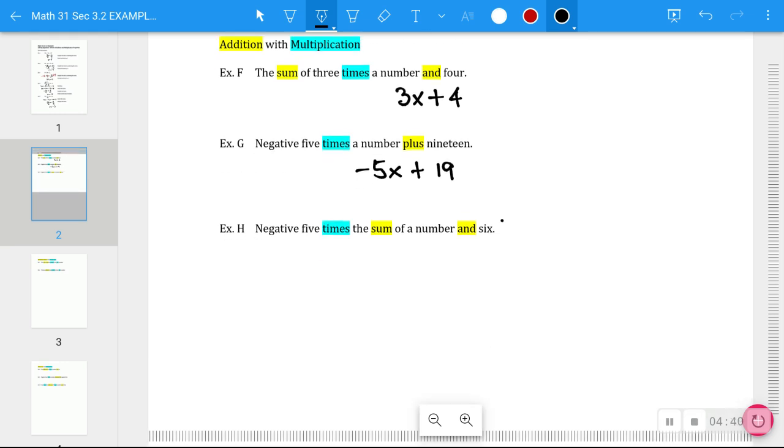Well, the sum of a number and 6 would be just that. And we're supposed to take negative 5 times all of that. So this is a case where you have to have parentheses around it, because it doesn't say negative 5 times the number. It says negative 5 times the sum of the number and 6. So you need parentheses around that sum.